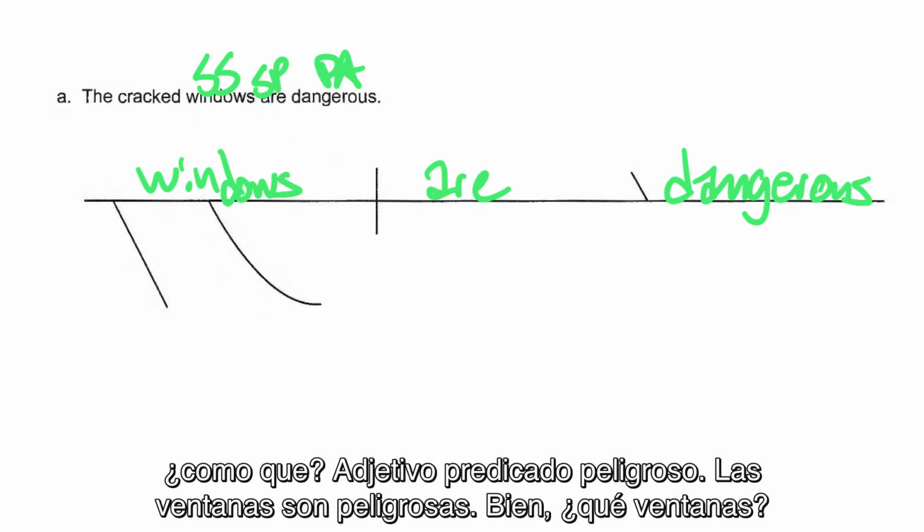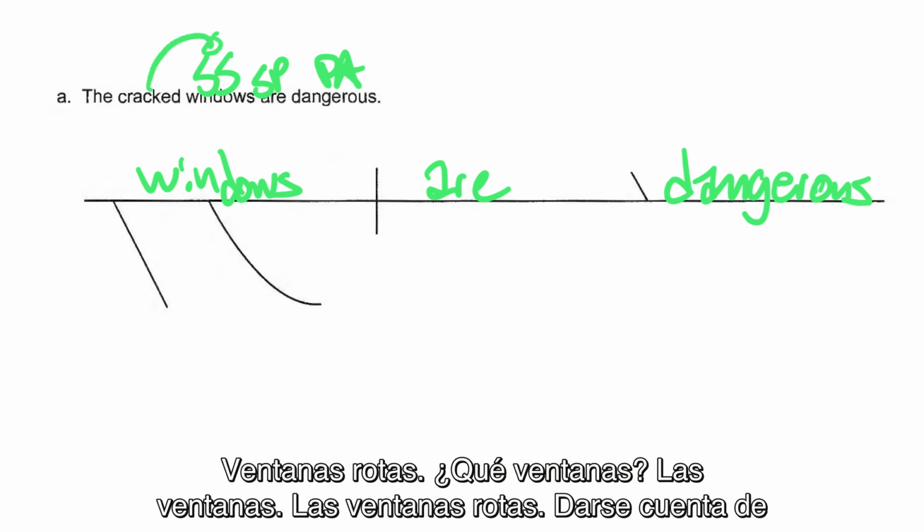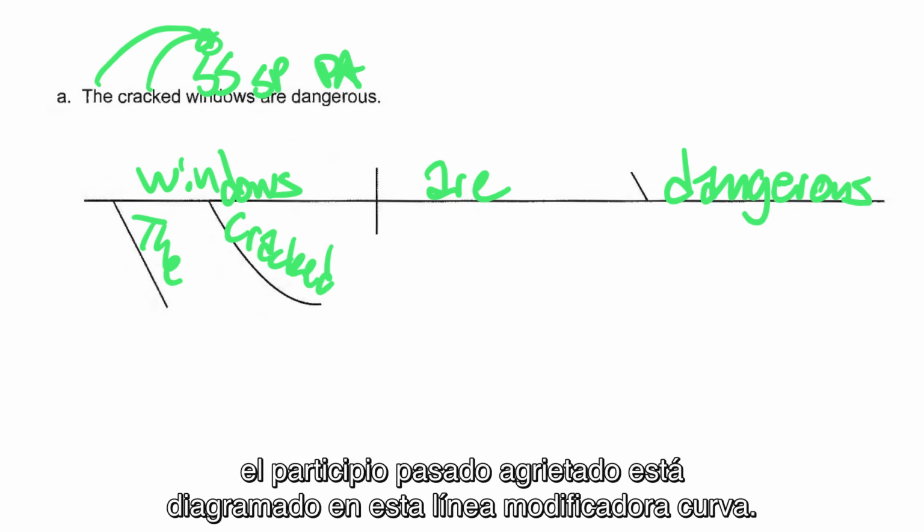Which windows? Cracked windows. Which windows? The windows. The cracked windows. Notice that the past participle cracked is diagrammed on this curved modifier line.